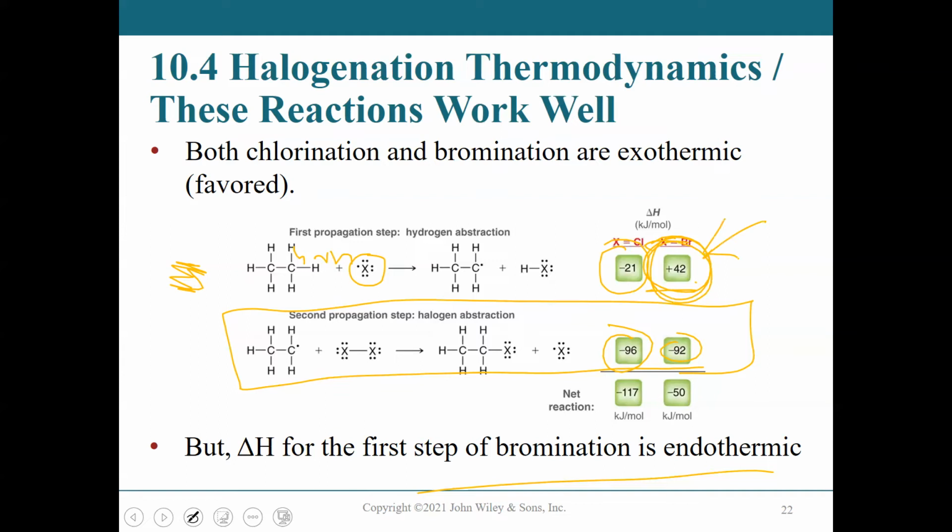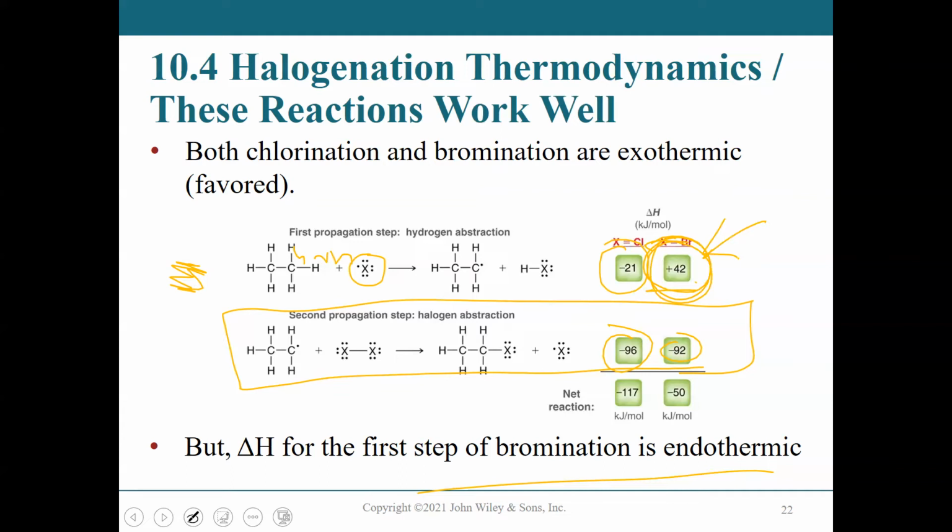That's exactly what bromine has. The first step costs so much that bromine will be more selective. If I'm going to spend 42 kilojoules, I want the best radical you can produce. Why? Because if you don't give me the best radical, it will cost me more. Tertiary is more stable than secondary, more stable than primary radical.